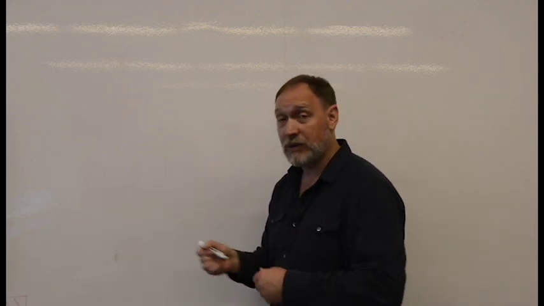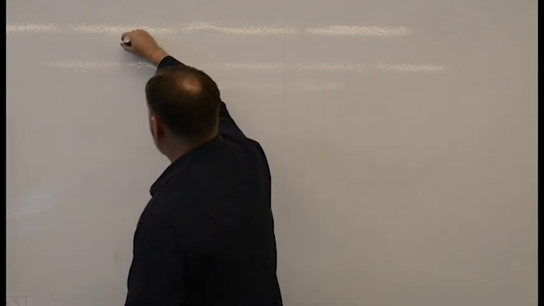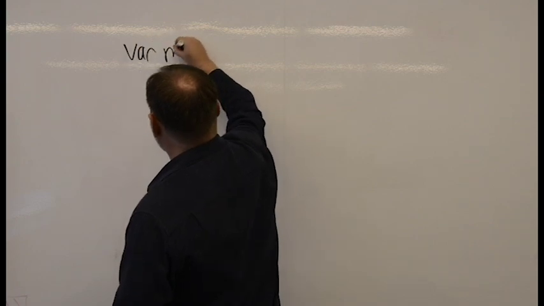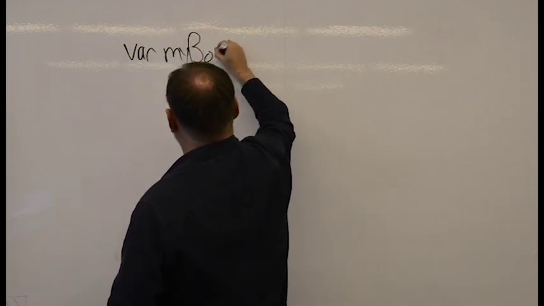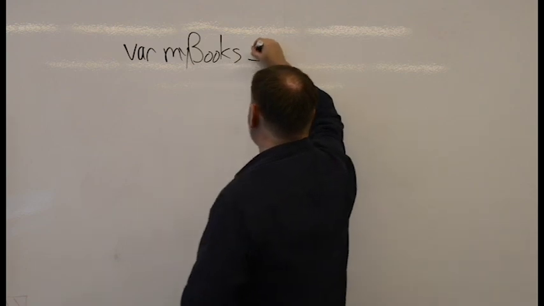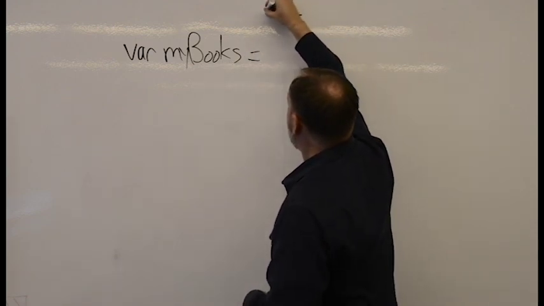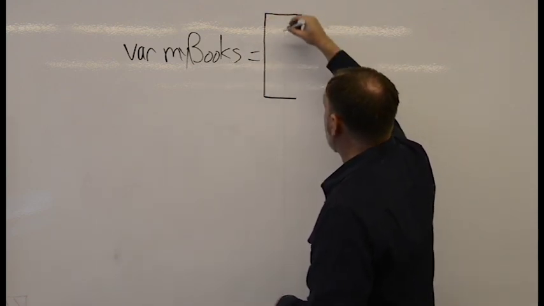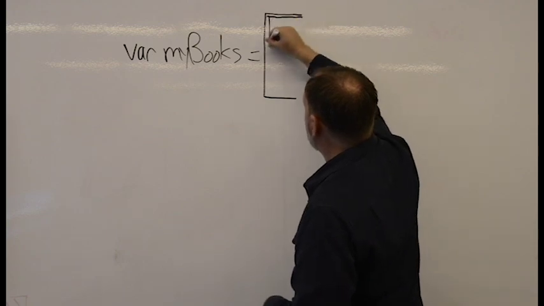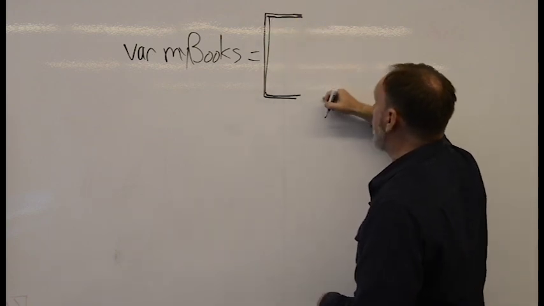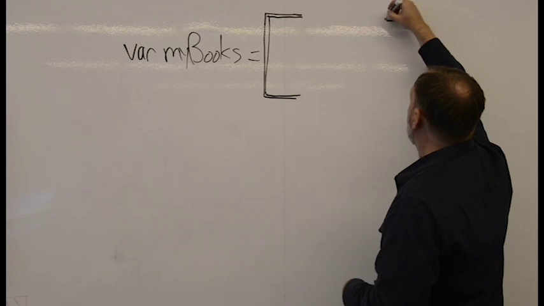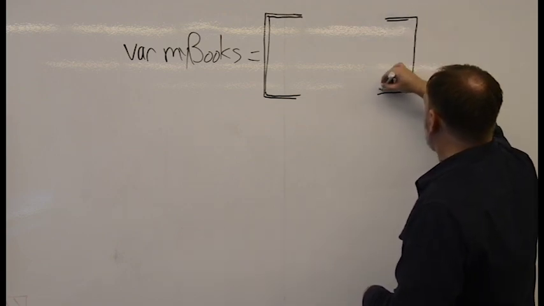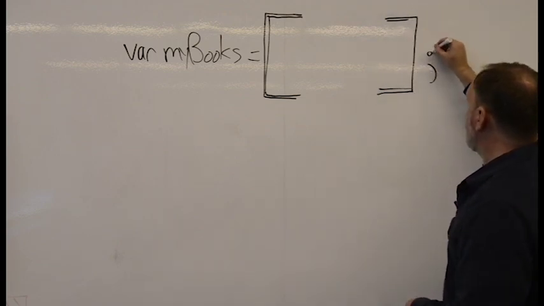I'm going to start with the JavaScript definition. If we say var myBooks. Now an array is defined in JavaScript with the square brackets, ending with a semicolon.